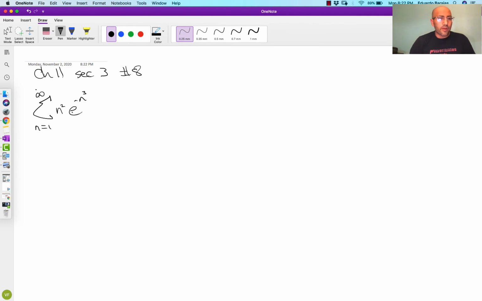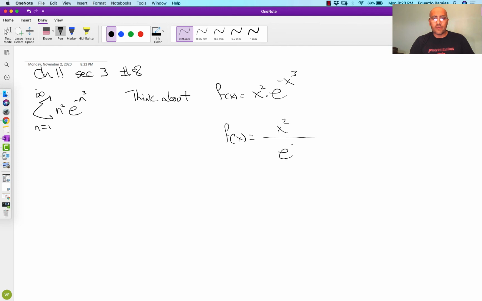Okay, so in order to be able to answer this question, we want to think about the continuous function. Think about the function f of x equals x squared e to the negative x cubed. Okay, so this can also be rewritten as f of x equals x squared all over e to the x cubed function.